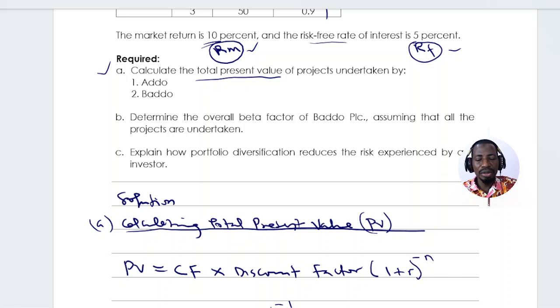Therefore, to reduce portfolio risk through diversification, investors should invest in securities that are negatively correlated or investment with no correlations. In addition, to minimize portfolio risk, a rational investor can aim at geographical or international diversification. All right. So these are the ways in which Bado PLC or a rational investor can minimize the risk of a portfolio.